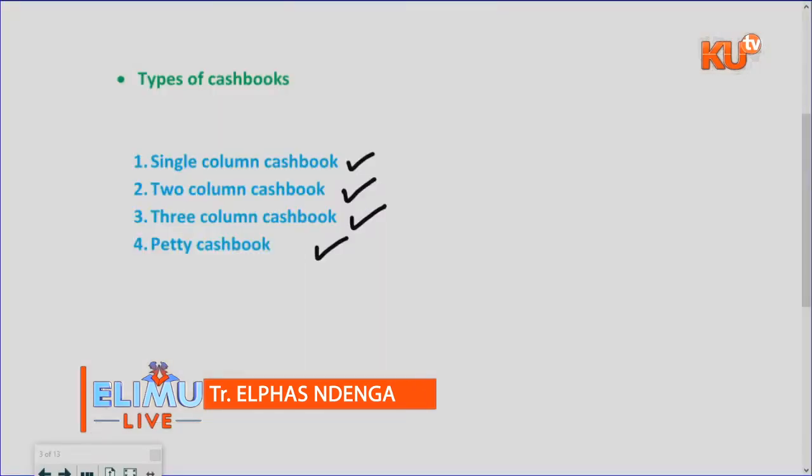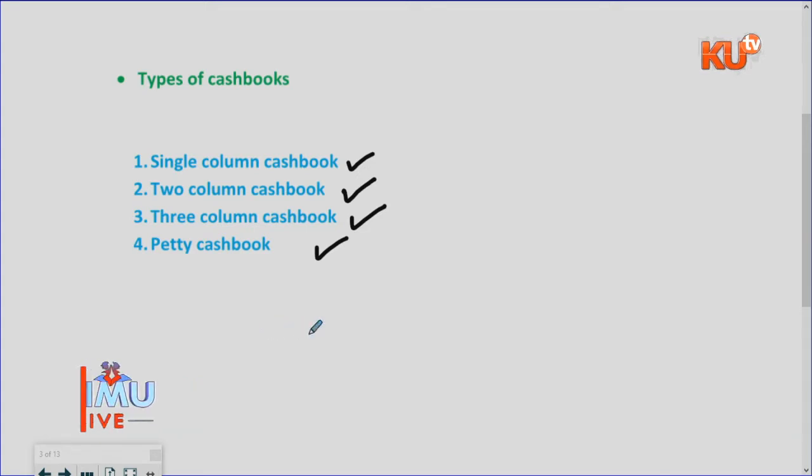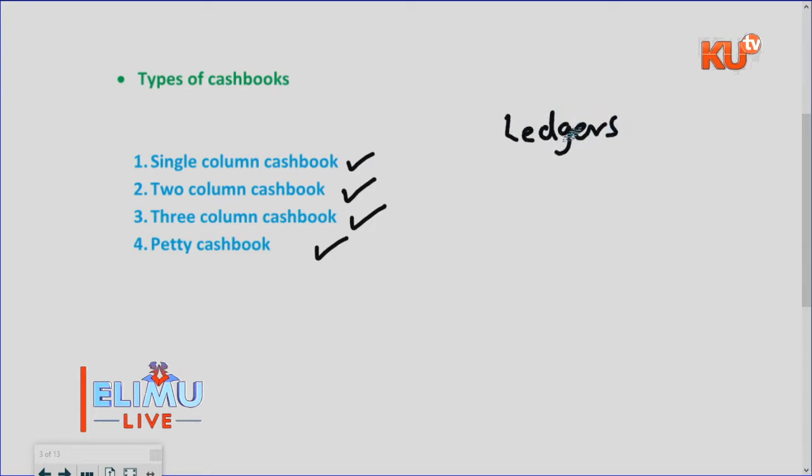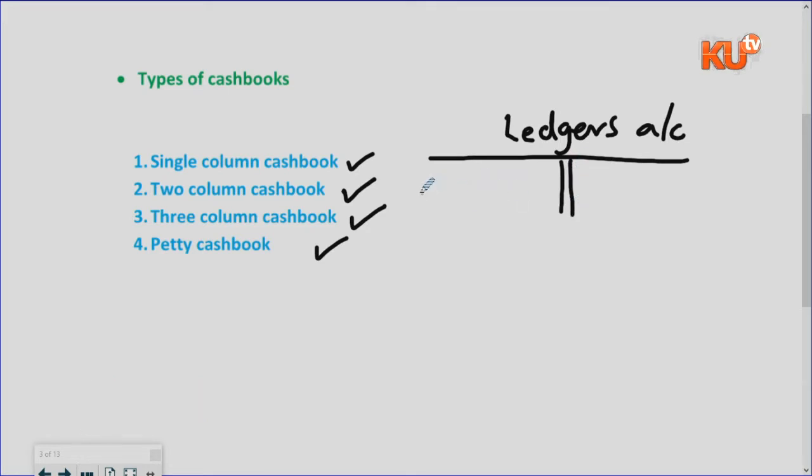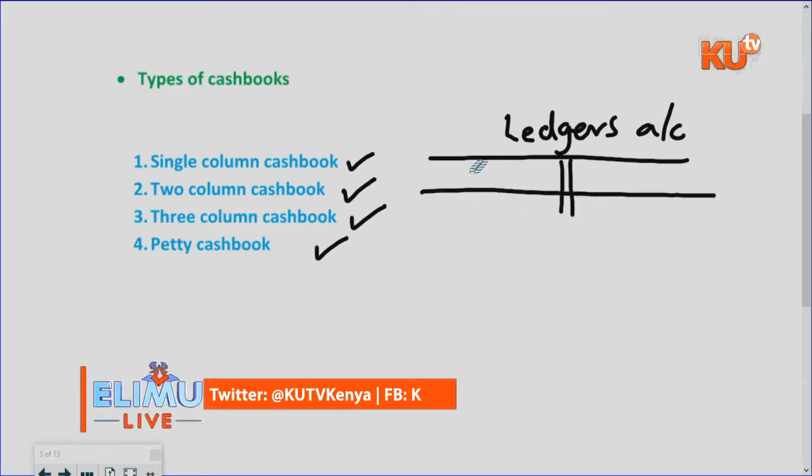Now, we explain these cash books based on what we call the amount columns. Each one of them has a certain number of amount columns. I want you to review something on the ledger. When we are looking at a ledger account, we say that a ledger is prepared in a T format. This is the format of a ledger.